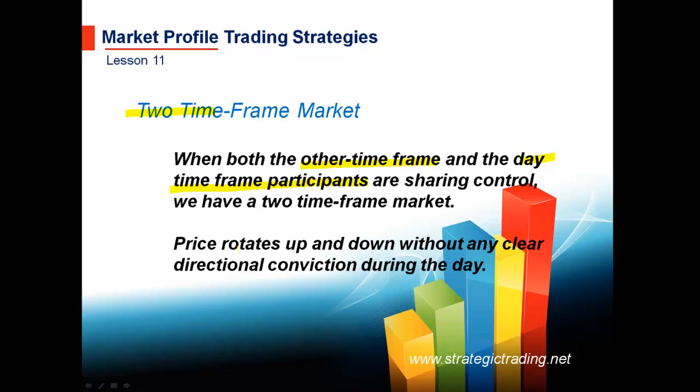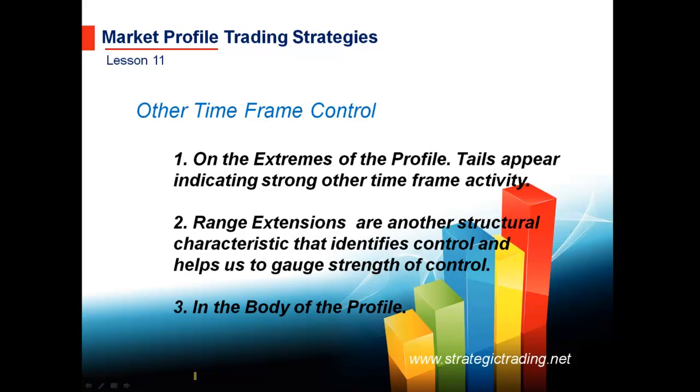So what we end up seeing during those days is price rotates up and down without any clear directional conviction during the day, until we get a period where all of a sudden a single time frame market participant begins to take control. The other time frame control is identified for us, or we can always detect it, when we see the following types of evidence.